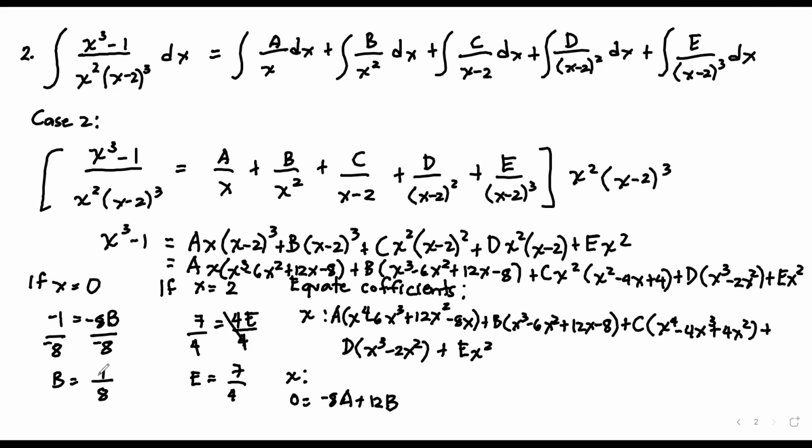We know the value of b, which is 1/8. 0 equals negative 8a plus 12 times 1/8. So let's move negative 8a to the left side. You will have 8a equals 12 eighths, that is, divided by 4, 3 halves. Divide both sides by 8.